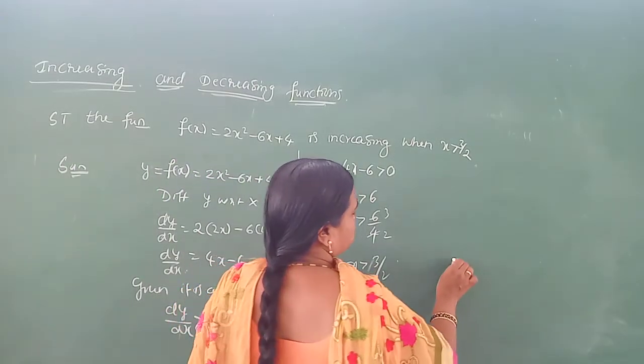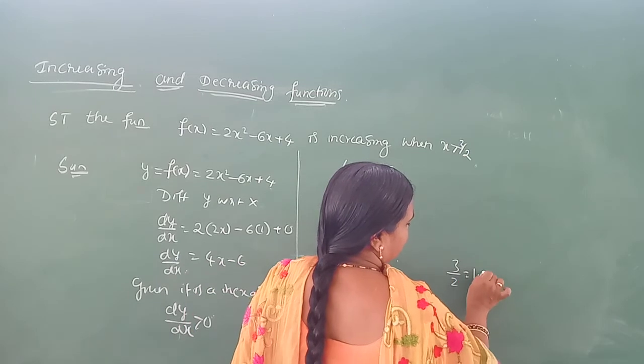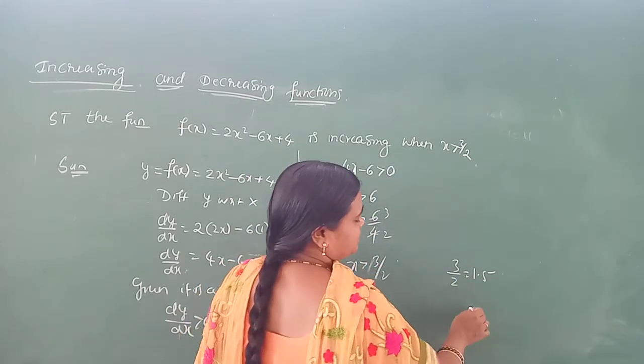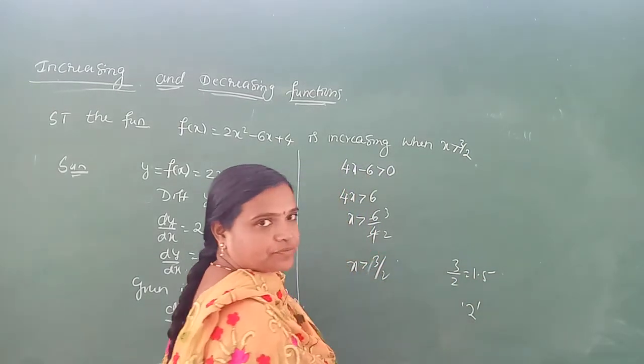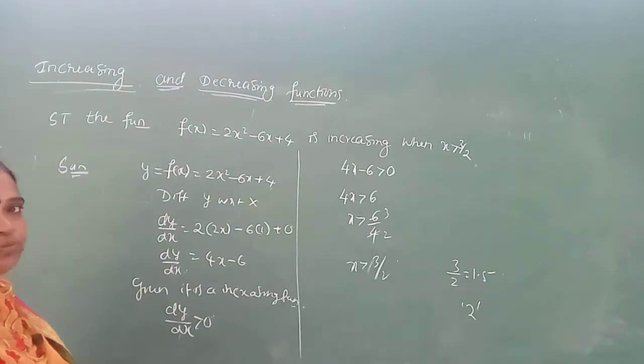X greater than 3 by 2. 3 by 2 is 1.5. More than means we can take the next point, 2.